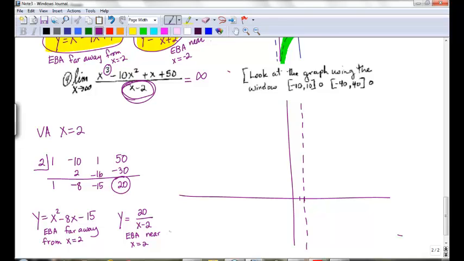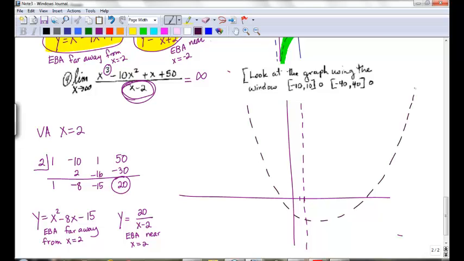So you should get an asymptote. It's a parabola. Use one color for that graph, and then do your hyperbola.